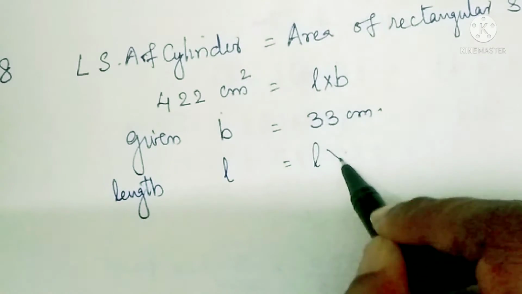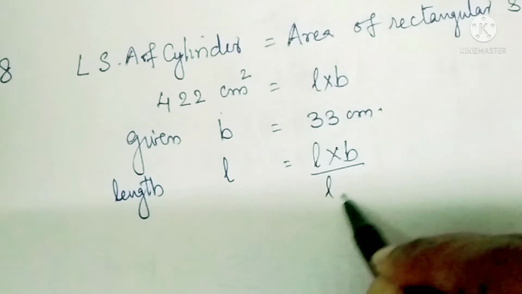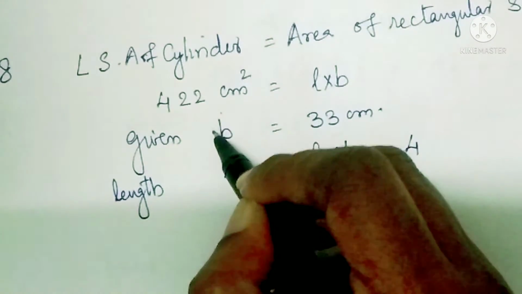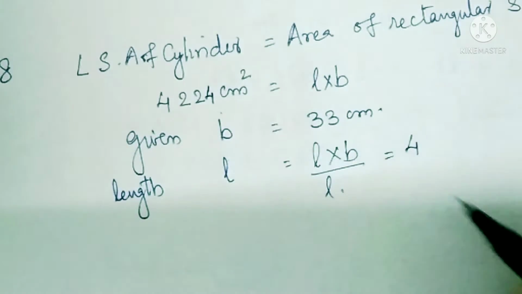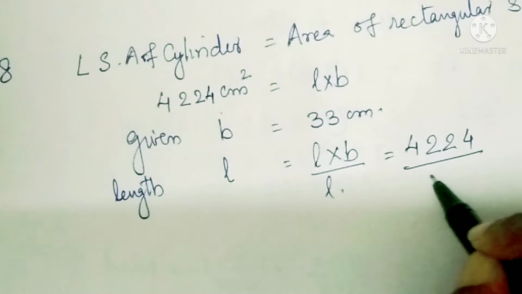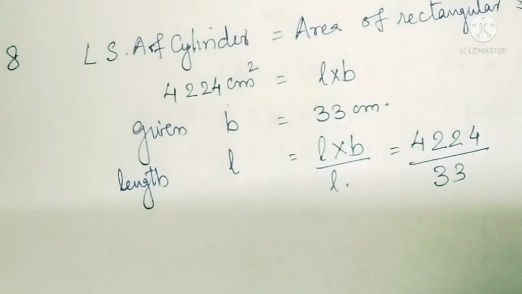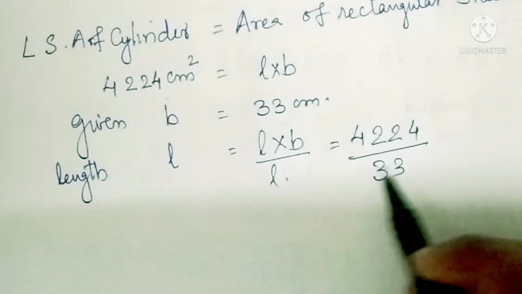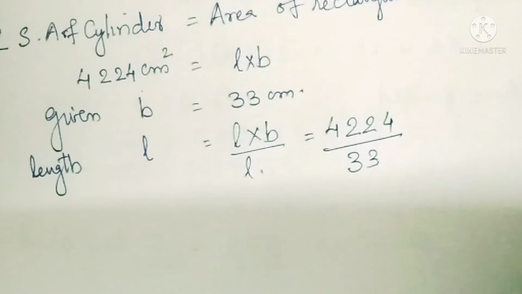L is equal to area upon B, which is equal to 4224 divided by 33. Now if you check, you see 4 plus 2 is 6, 4 plus 2 is 6, it is divisible by 11.